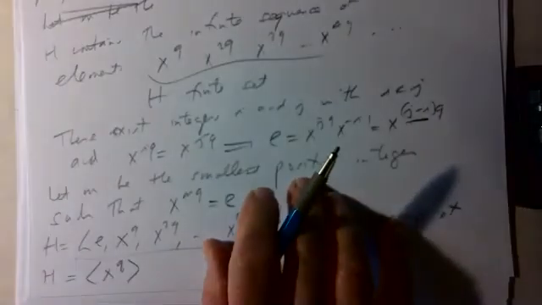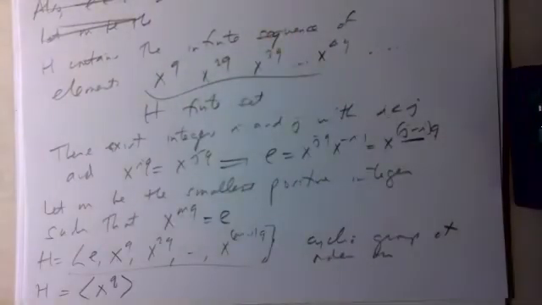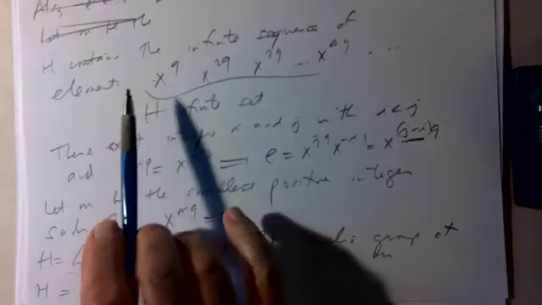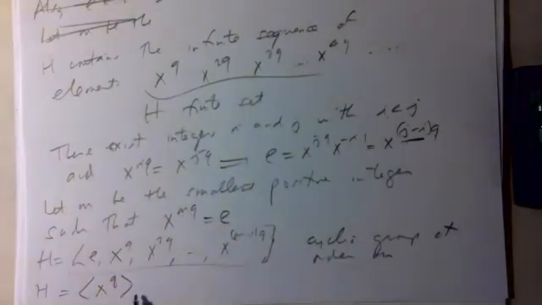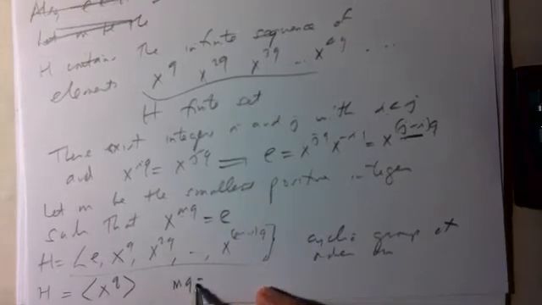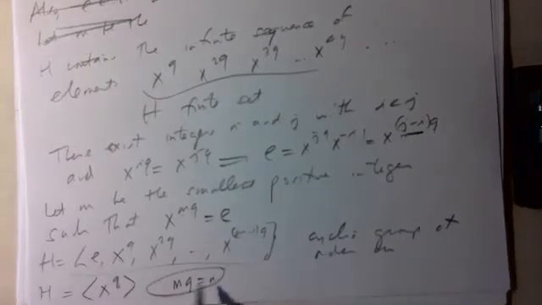So what we proved, and we just needed a little bit of elementary number theory to prove this, is if you take a cyclic group of order n, any subgroup is going to be generated by an element of the form x to the q, where Q divides n.